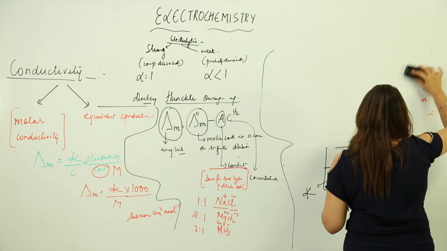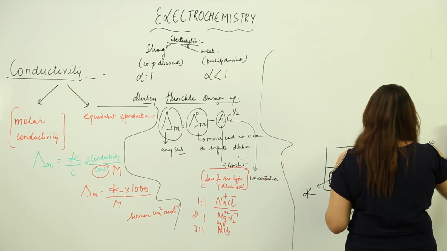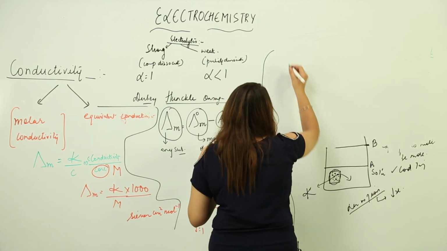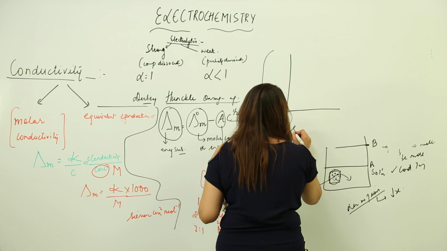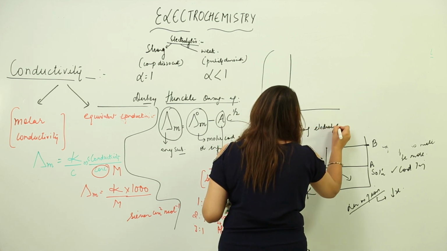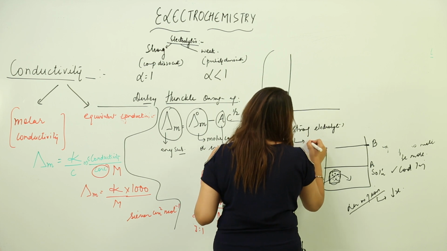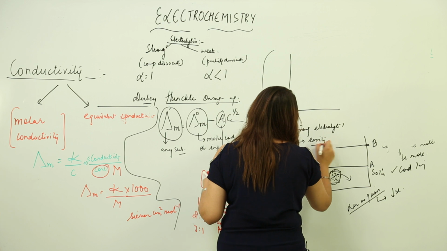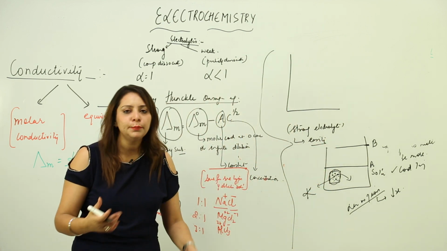I am just going to see how the conductivity gets affected with change in the concentration. So suppose I have a graph and I am doing it for a strong electrolyte, and the conductivity for a strong electrolyte is more, therefore we can easily calculate it, explain it, or plot it.